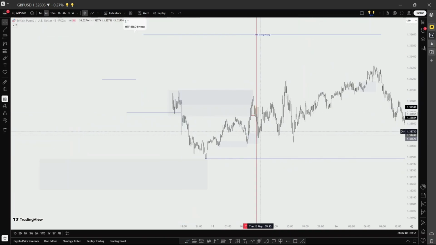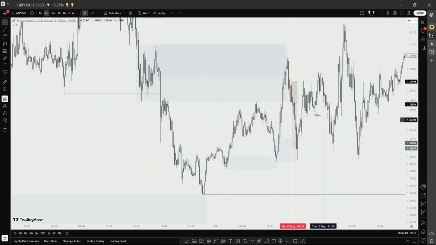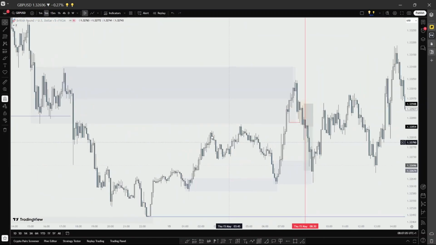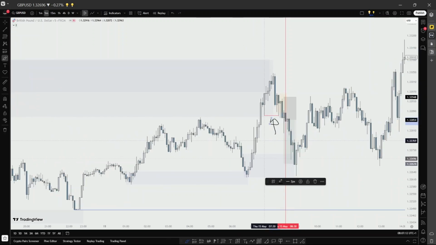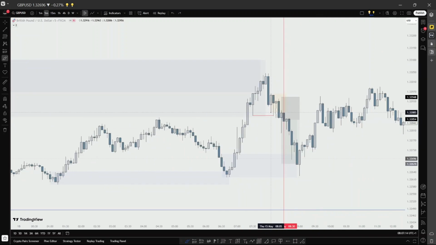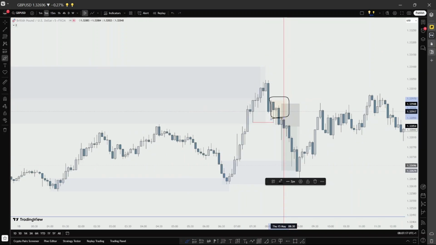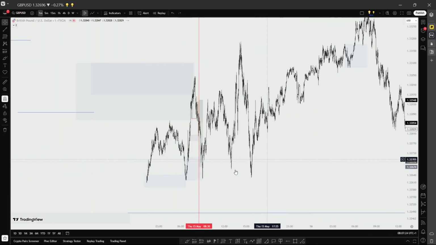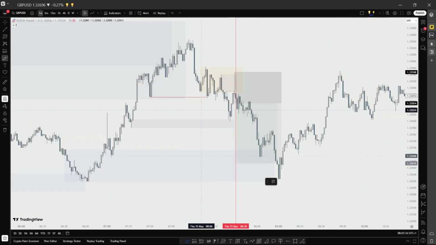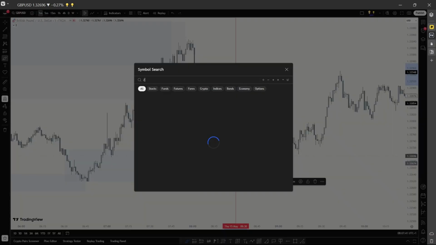I went to M5 because I did not want to get involved directly in the mitigation of this M15 POI. So I waited for this M5 order flow shift. After the M5 order flow shift, I then waited for this M5 POI mitigation, which is clearer on M1, because on M5 that POI was mitigated back and forth. On M1 it was very clear when we have this entry model formed on this M1 POI.